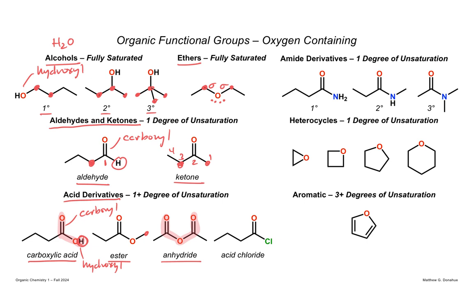That's 2 carbonyl groups joined by a single oxygen atom. And then instead of having oxygen, say you had a halogen, in this case you would have an acid chloride. It's a carbonyl directly bonded to a halogen.